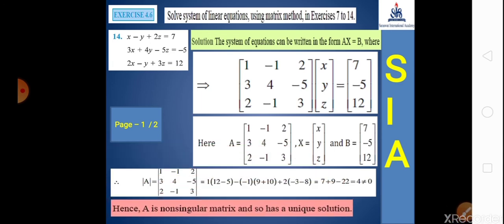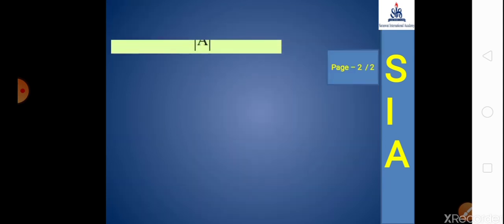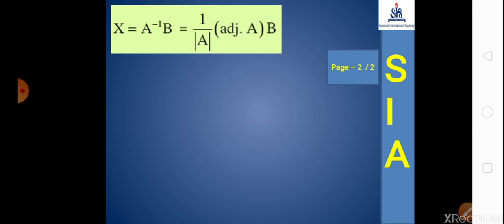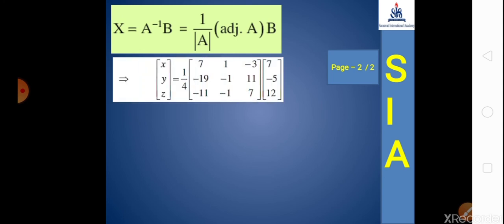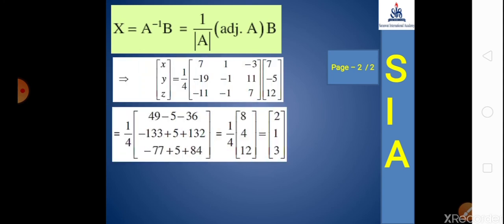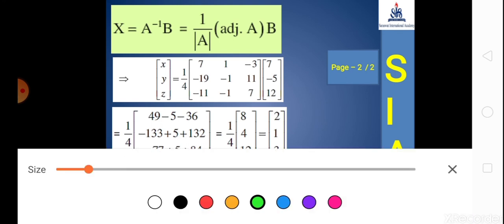So A is a non-singular matrix and so has a unique solution. After that, same process, X is equal to A inverse B, 1 upon determinant A, adjoint A into B. The adjoint I write down directly, and apply the matrix product. Yes students, here in the matrix product you are operating row wise with column wise. These are all the values. Then you get this one.